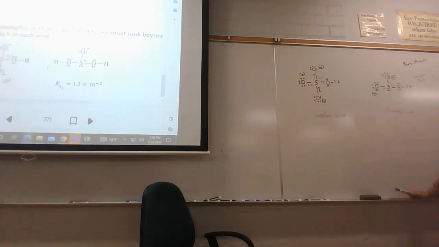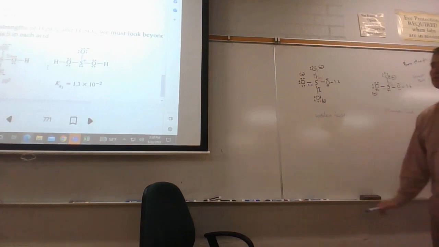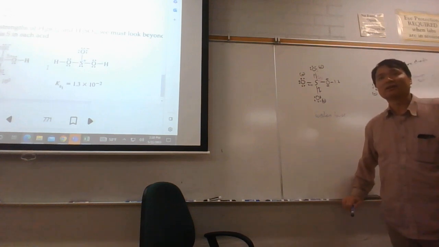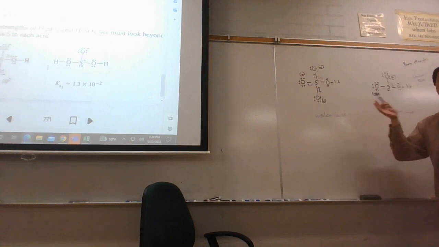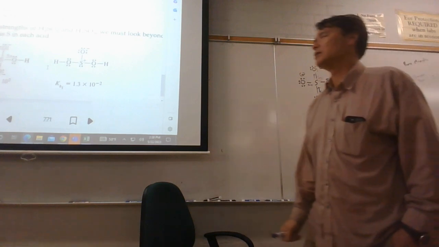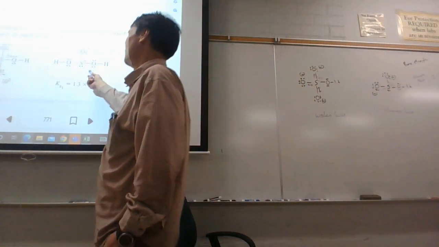If that's the case, then H2SO4 should be weaker, actually, because this is more stable. That means H2SO3 is more favorable, so it should be a stronger acid. So the last one, hydration, should pinpoint this.